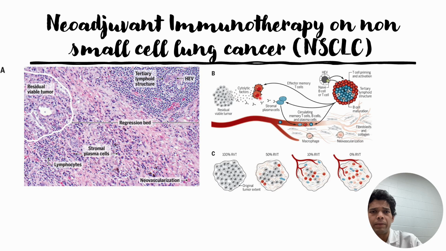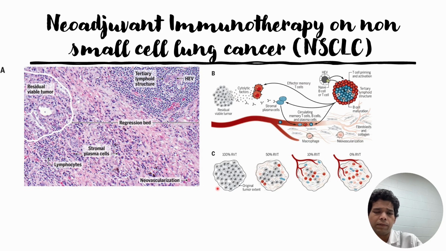So this is the primary mechanism, shown briefly in panel B. Panel C shows how the residual viable tumors will look if the neoadjuvant therapy is working successfully on the patient.